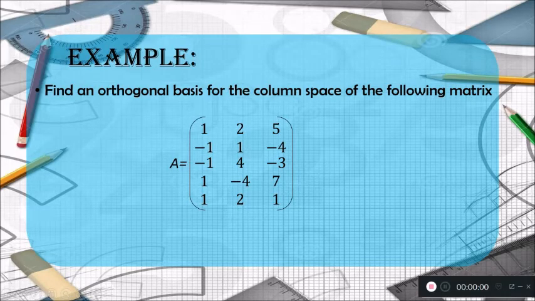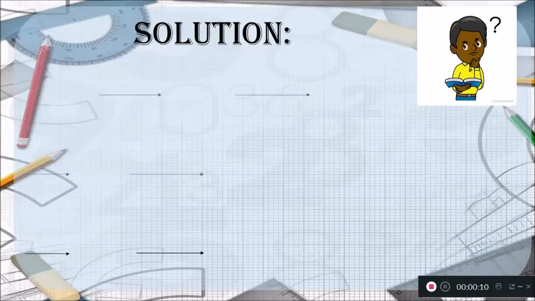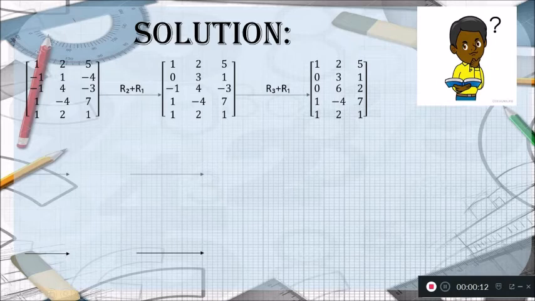The next example is to find an orthogonal basis for the column space of the following matrix. You are given matrix A. For the solution, let A be the matrix in the problem. The first column represents x1, the second column represents x2, and the third column represents x3.